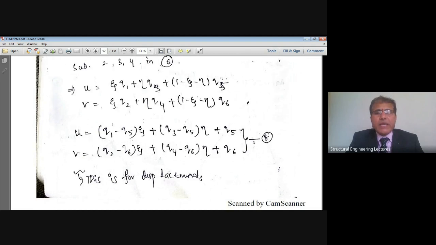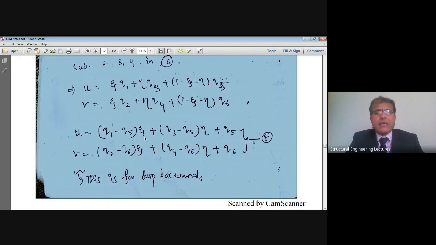Now, let us isolate these in terms of some constant multiplied by polynomial xi and some constant multiplied by polynomial eta, right? Hence u is nothing but, from the above equation, (q1 minus q5) multiplied by xi, (q3 minus q5) multiplied by eta, plus q5.